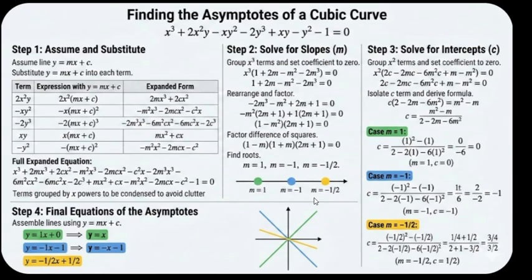Means we get three slopes. Then if you group the x square terms and set the coefficient equal to 0, you get the c value. Once you find the m and c values, that gives the asymptote.